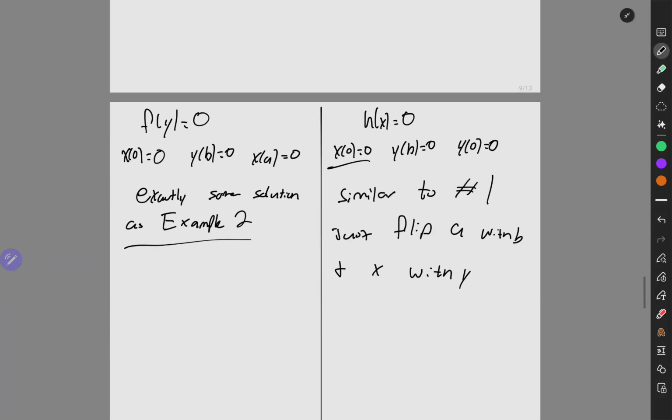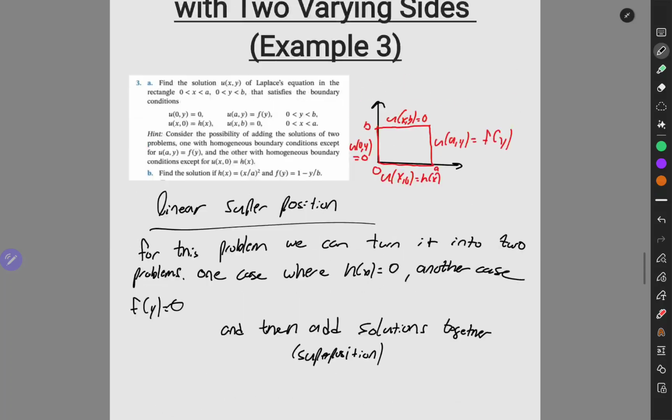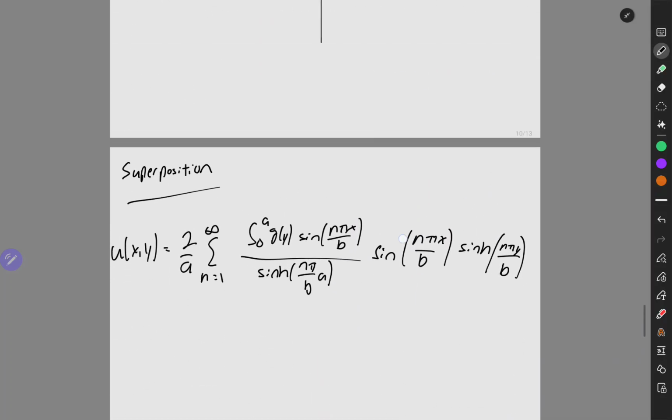And then flip X with Y. That makes a lot of sense. And this is not going to be G. They used F. This is an F of Y, and that would be X. Just checking my answer, making sure it's right. Looks right to me.